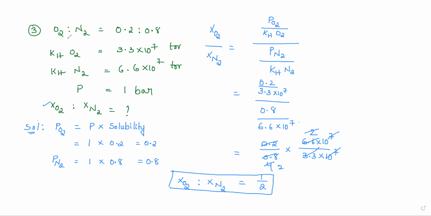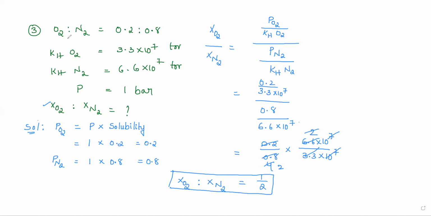See this one. According to the data, problem number 3, air contains oxygen and nitrogen in the ratio 0.2 is to 0.8. That means this one explains about the solubility of nitrogen and oxygen in the air.